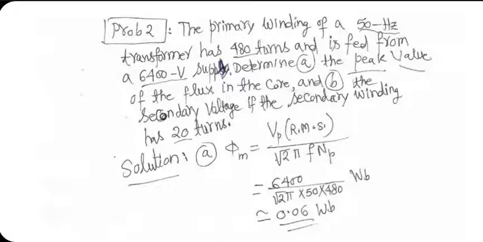F is given, NP is given, VP is given. 6400 volt is VP, 480 turns are there in the primary and frequency is 50 hertz. Put it all together. The peak value of flux in the core is around 0.06 Weber.